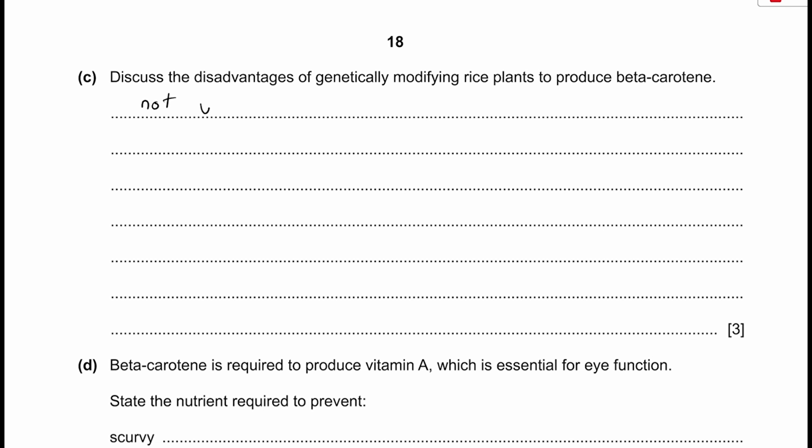So not widely accepted by consumers. So they are being produced, but the population that is meant to take them is not very willing to do that.